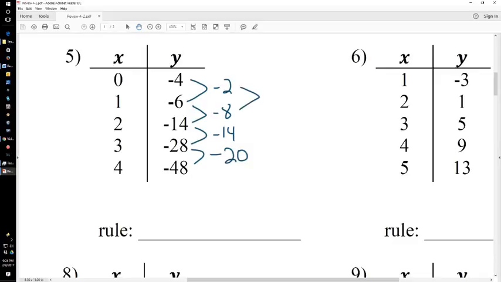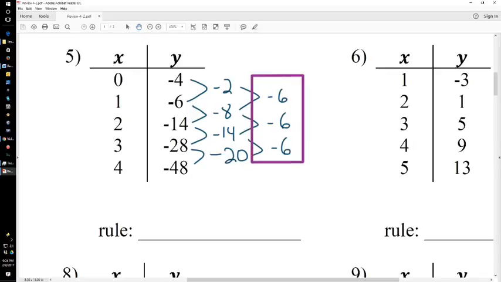So negative 8 minus negative 2, that's negative 6. Negative 14 minus negative 8, that's also negative 6. And negative 20 minus negative 14 is negative 6. So the second difference is the same, therefore this is quadratic. Alright? And for the quadratic, remember a for your a value, we'll take the second difference, divide it by 2.